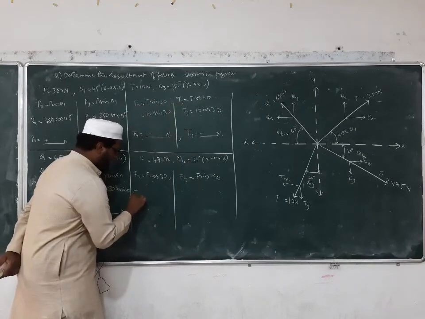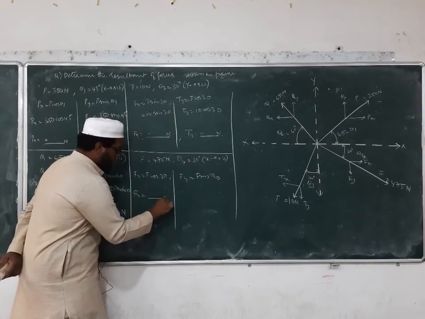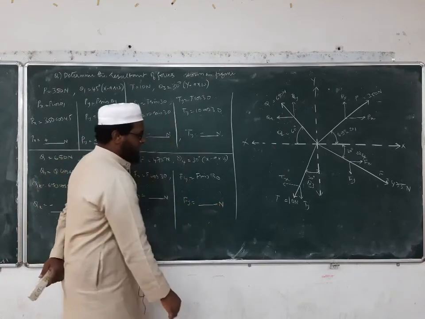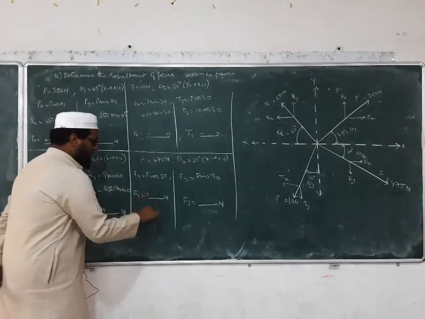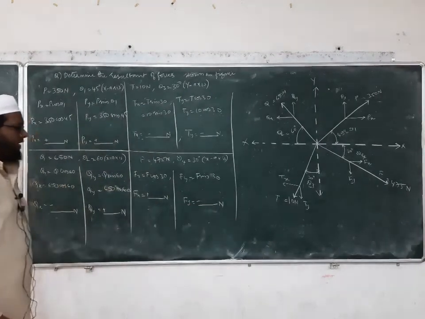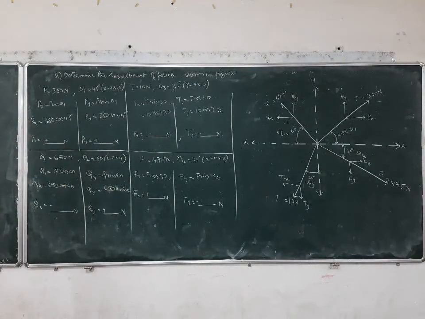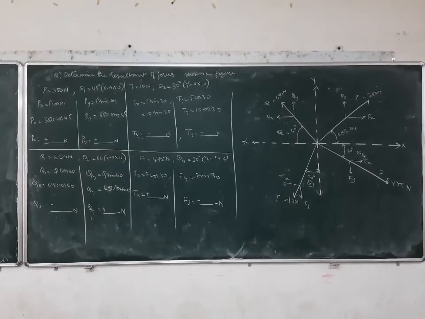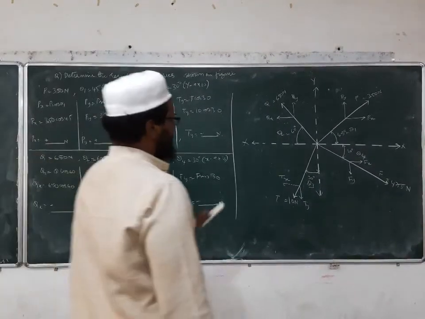Fx we'll get some value in newtons, and Fy we'll get some value in newtons. Since it is in the fourth quadrant, Fx will be positive and Fy will be negative. Alright, so you can copy down this one. After this, we can go for the resultant directly.